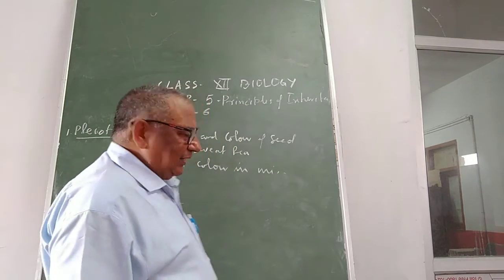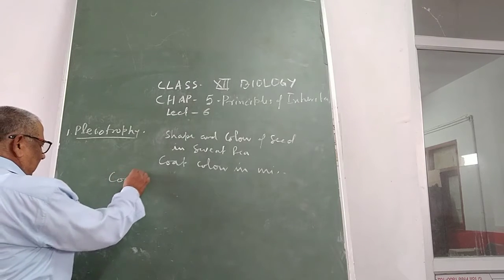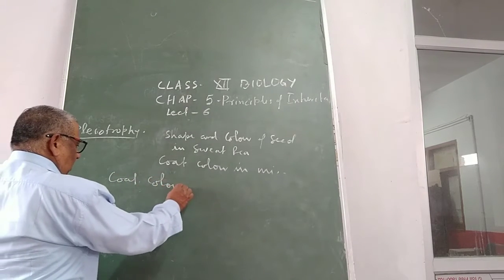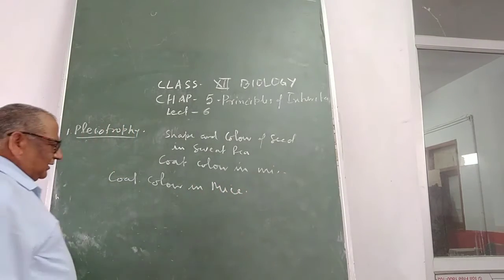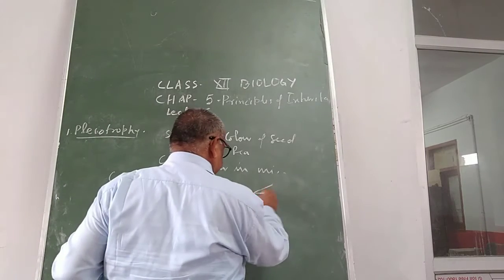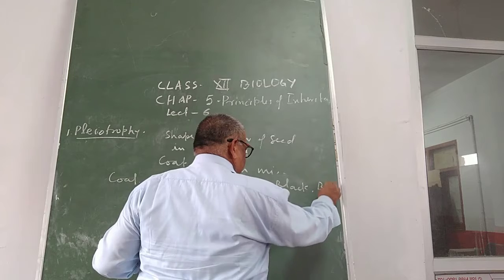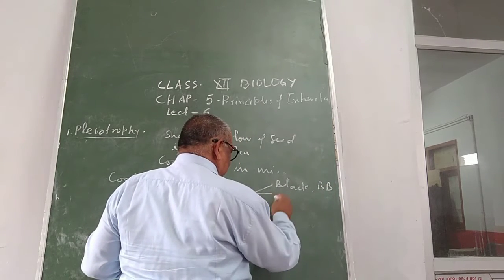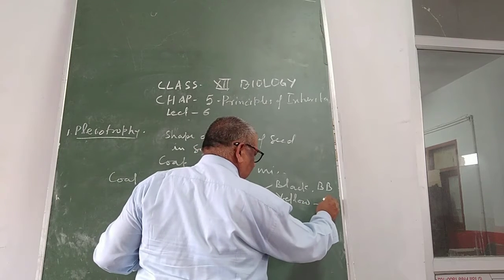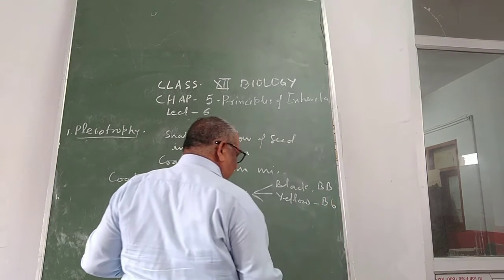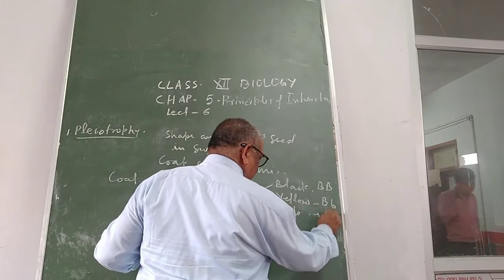Now, when we see it in the form of a cross, if we see coat color in mice, that is represented by three types of coat colors. The black coat color, we can represent with capital B. The yellow coat color or grey coat color, we can represent capital B small b, and the white coat color, we can represent small b small b.